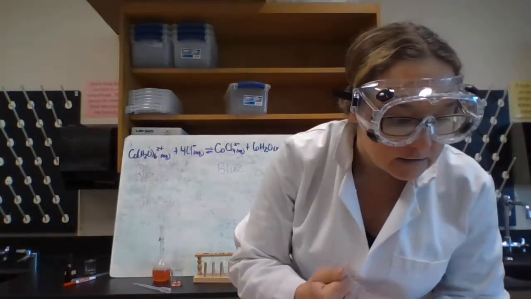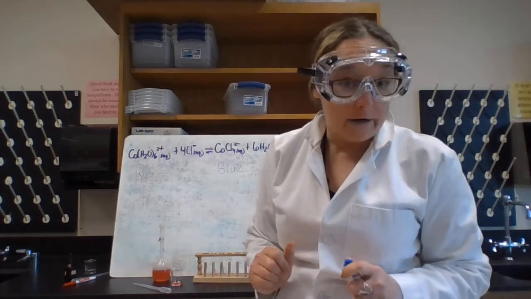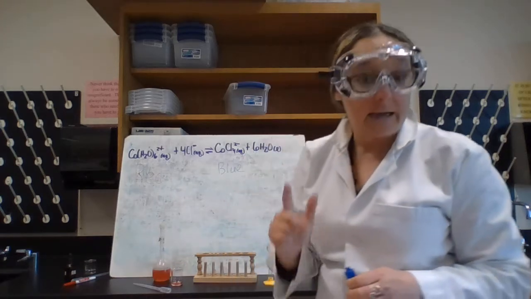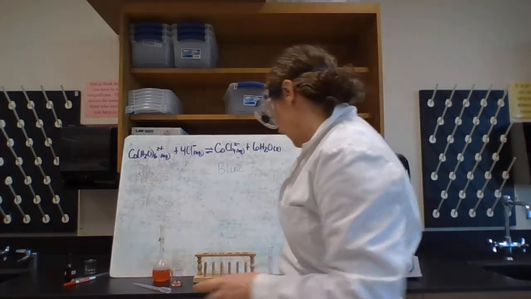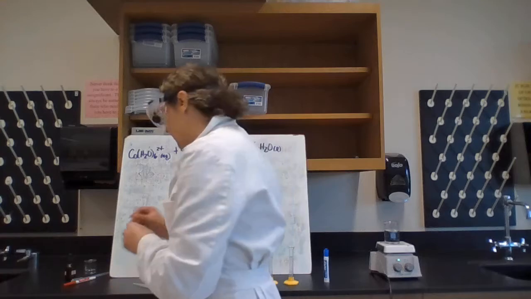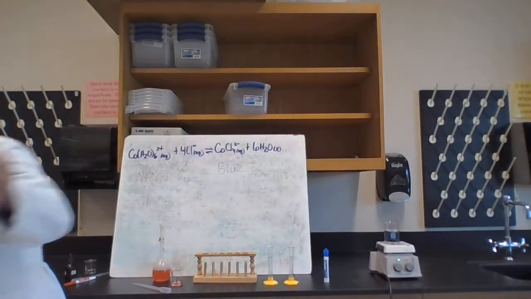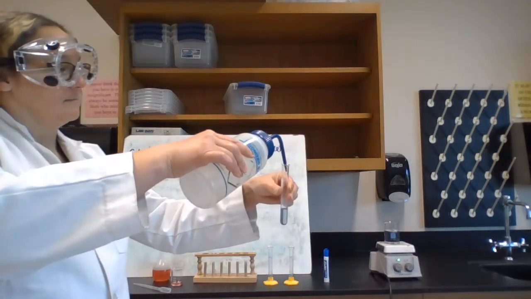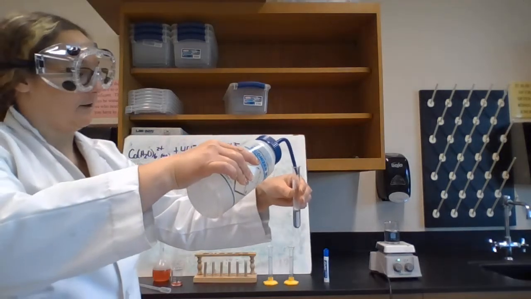All right, so now it says for us to do water. We want to put water back and see what happens. So here we go. Let's add water. And now this is distilled water.